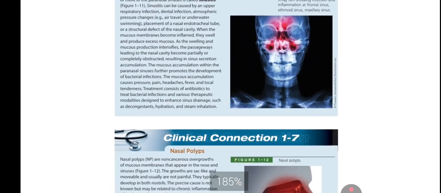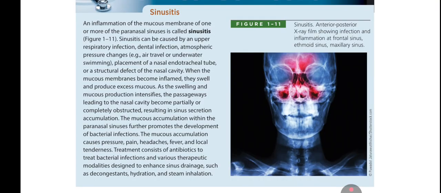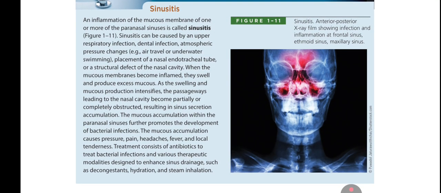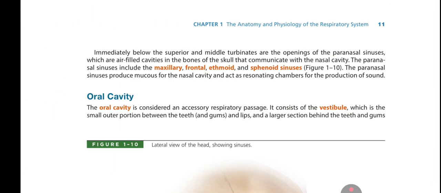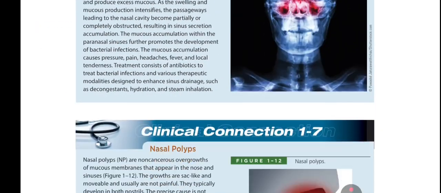Okay, so sinusitis is the inflammation of our sinuses. We have four sinuses actually, which are these: maxillary, frontal, ethmoid, and sphenoid.